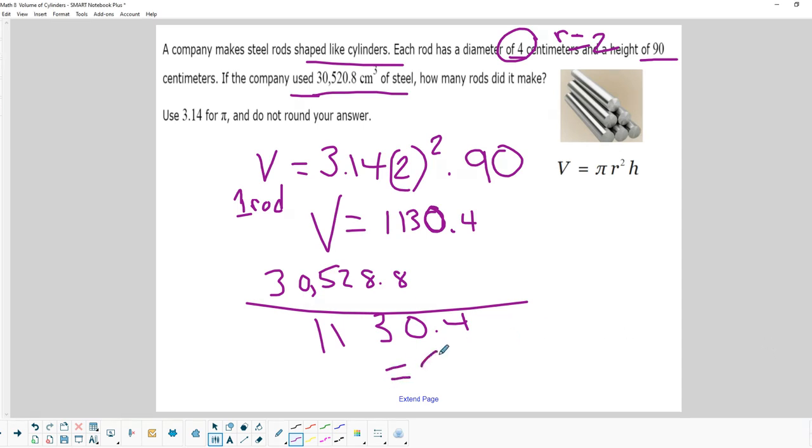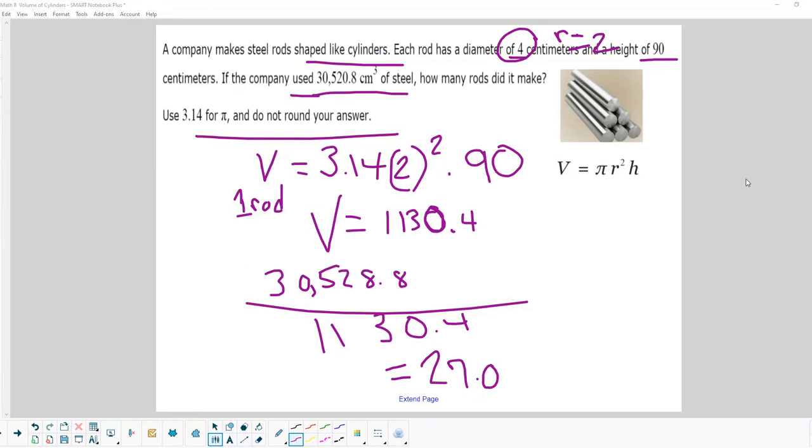So the answer is 27.0. It says do not round your answer. So apparently, let's go back to that calculator. It'll do 27 rods if we did our math correctly.